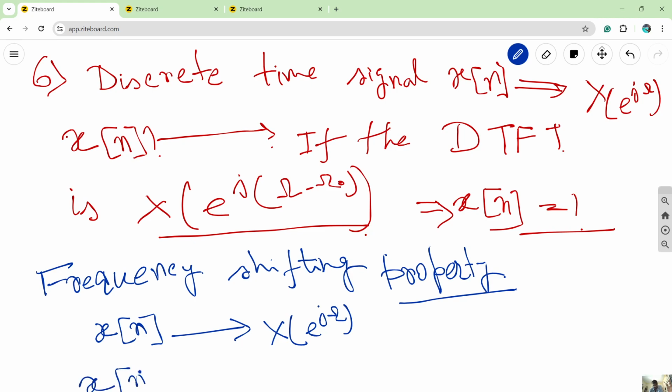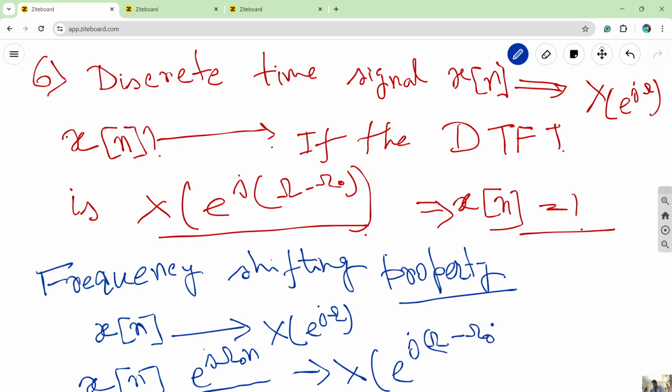Similarly, for x of n e to the power minus j omega 0 n, if we multiply by this particular frequency, it becomes X of e to the j omega minus omega 0. So this is the frequency shift.